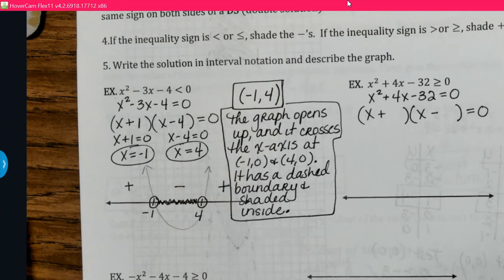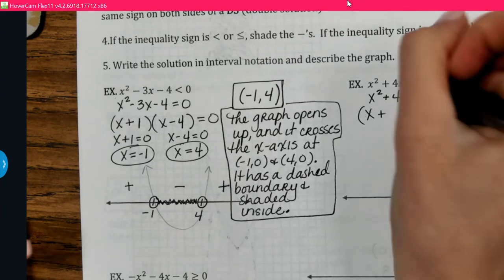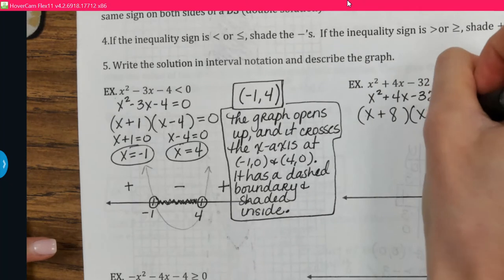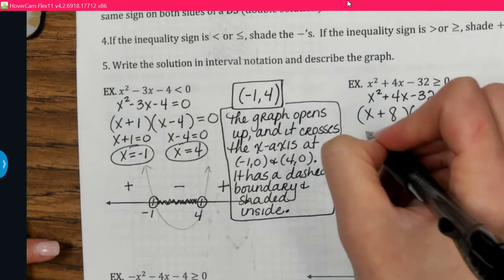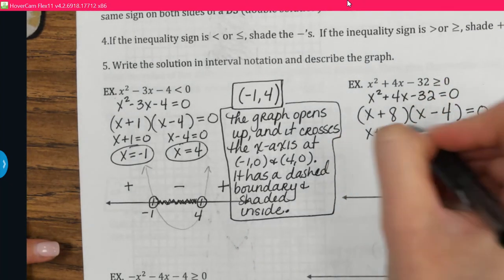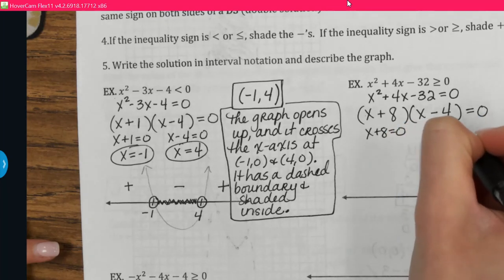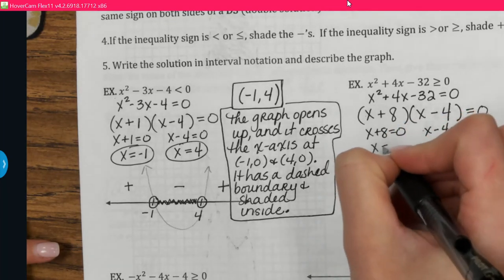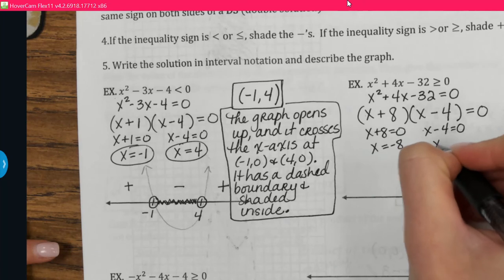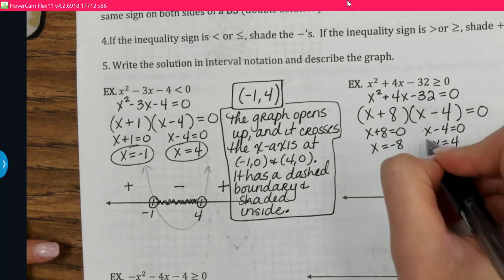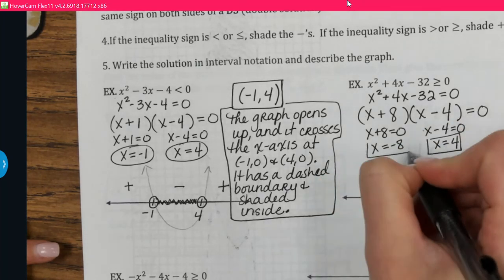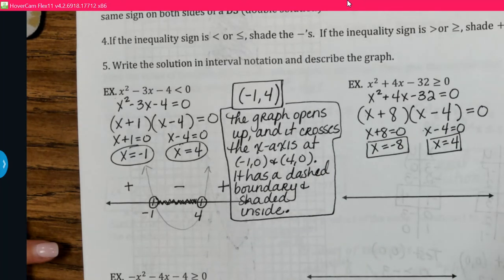Which one's positive? So the 4 is negative. So x plus 8 equals 0. X minus 4 equals 0. X will equal -8 and x will equal 4. So those are my critical values.